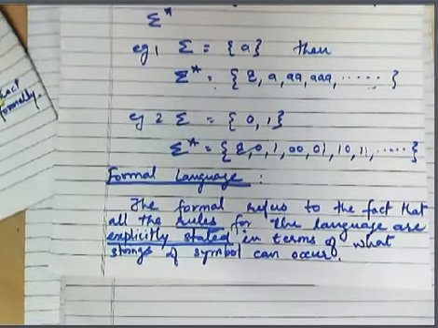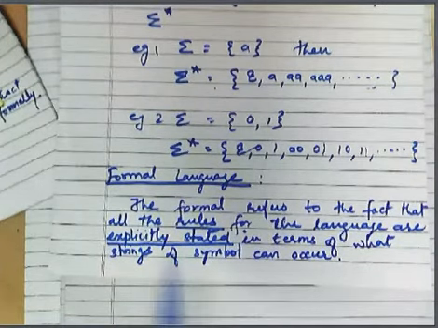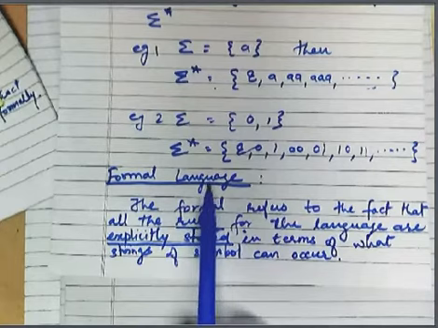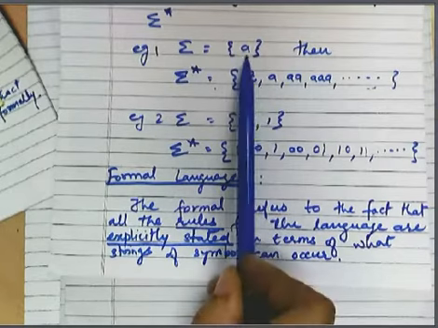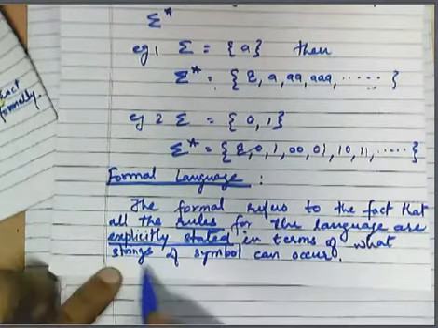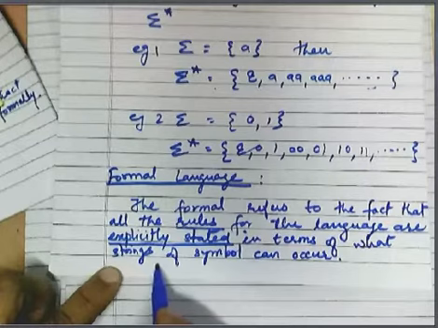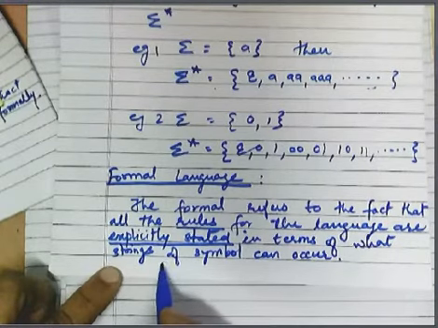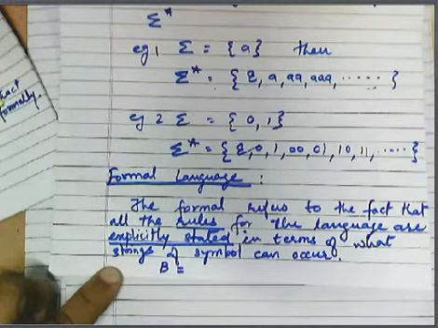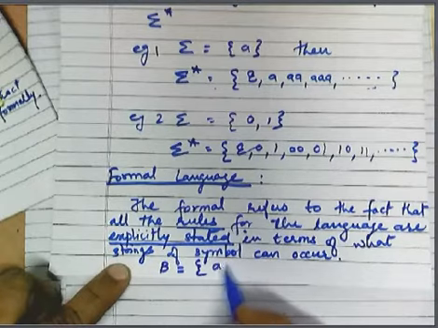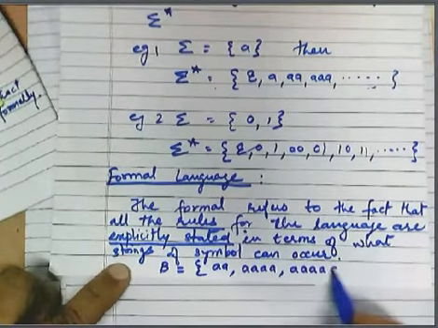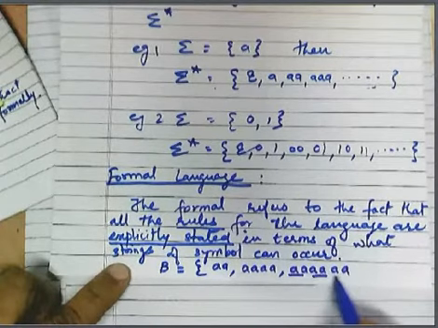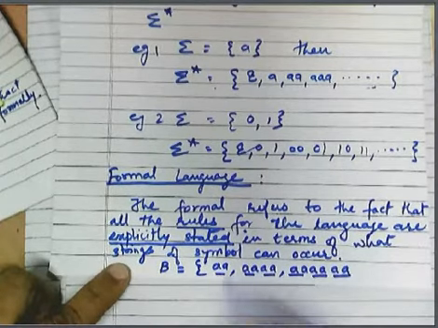See, once again repeating, I want a language in which all the strings are having even length, okay, over an alphabet A. So my language will become, suppose I'm defining that in terms of B, so it will be what? AA, AAAA, AAAAAA, and so on. So see, all strings are having even length.